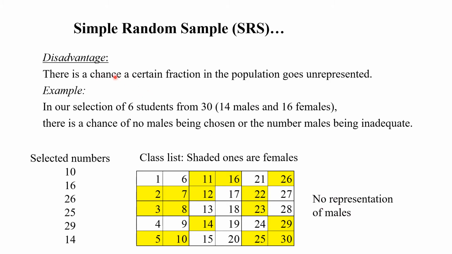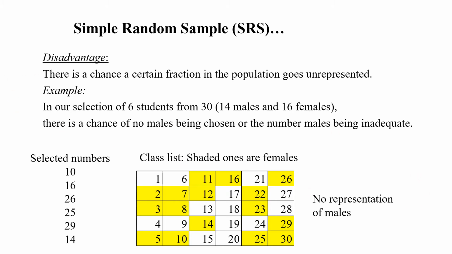This is one of the disadvantages of simple random sampling. Some groups may go unrepresented, or supposing besides the 14 there is number 1, let's say. That means only 1 male against 5 females. The sizes may not be adequate.